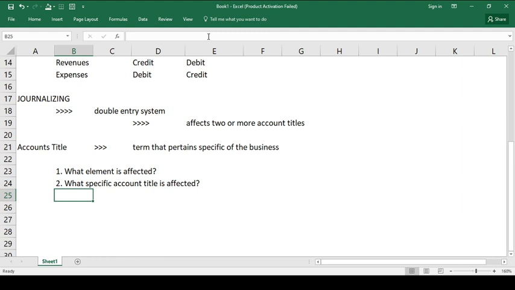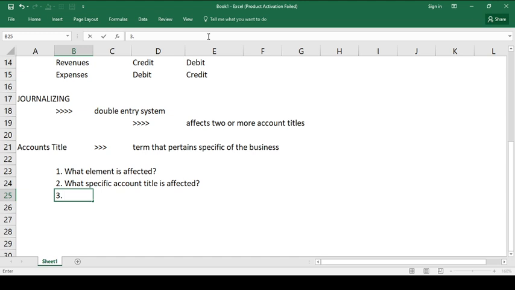Yun yung pangalawang sagot. But take note that a transaction can affect two or more account titles. Pwede sa isang element pero dalawang account titles. Pwedeng mag-iba-ibang element at kanya-kanyang account title. Take note, okay?